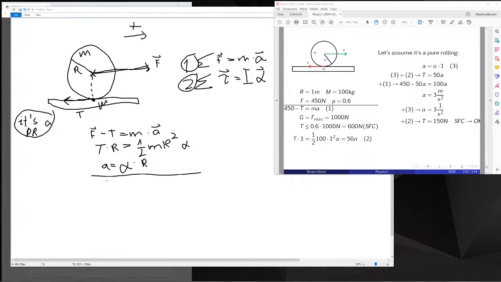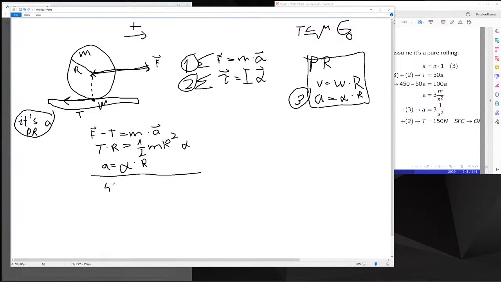Alright, let's check what you did. You only write 450 for the F equals 100 times A. T R, this is T times 1. 1 over 2 m is 50.